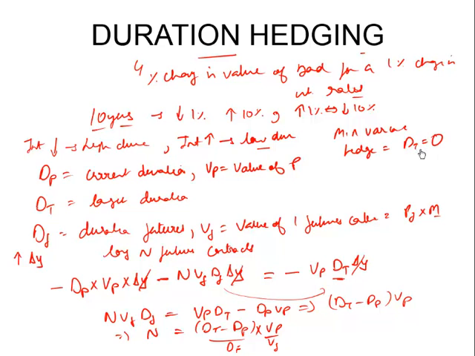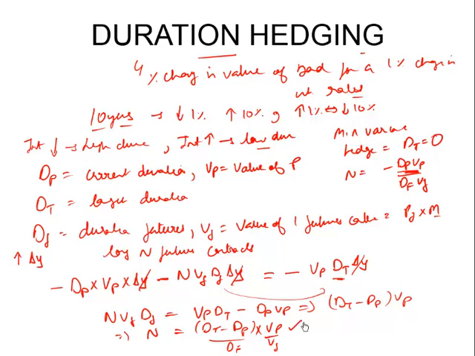So minimum variance hedge means the target duration should be 0, or n would be equal to minus dp into Vp upon df into Vf. This is nothing but the dollar duration of the portfolio divided by the dollar duration of one futures contract. df is the modified duration, dp is the modified duration, dp into the price would be the dollar duration.